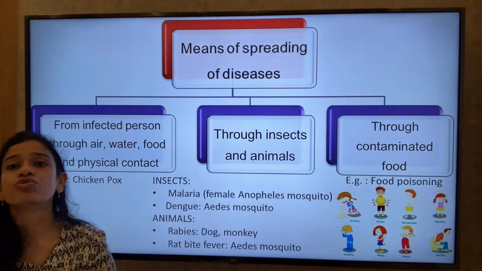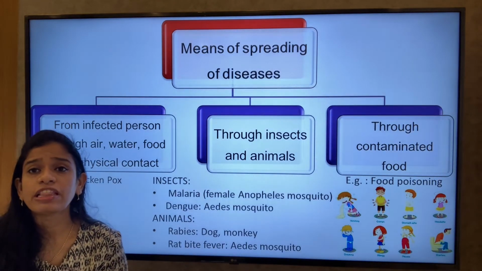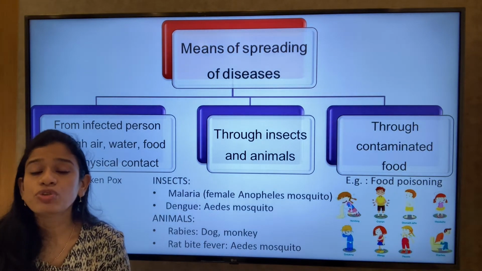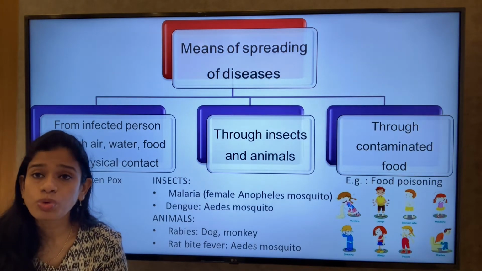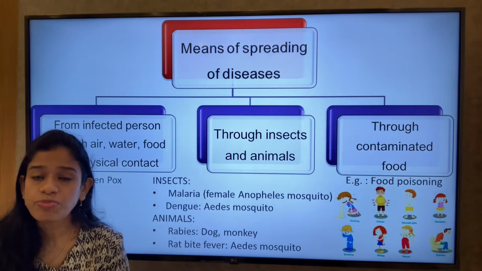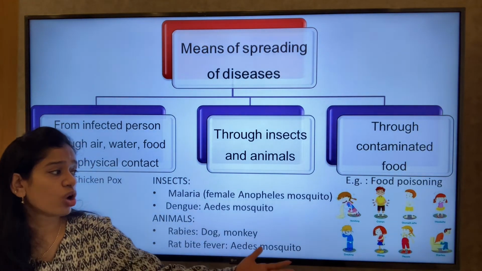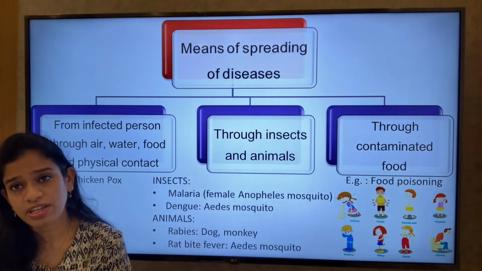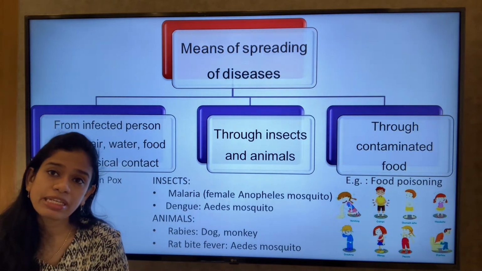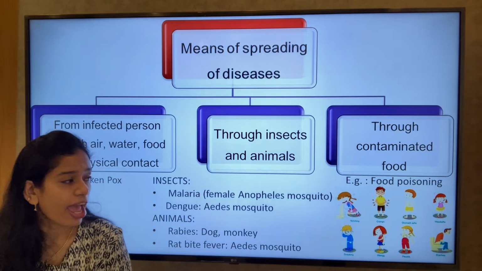And finally, food poisoning: when the food is kept open, not kept properly, not cooked properly, not cleaned properly, that can cause food poisoning and lead to lots of problems like stomachache, cramps, vomiting, headache, and so on.